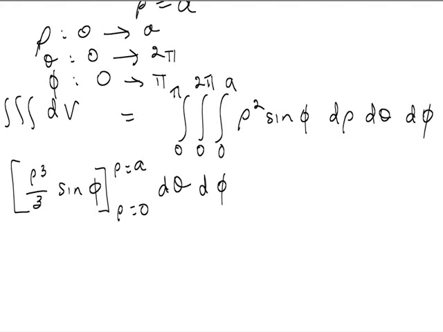Substitute. 0 to pi, 0 to 2 pi, a cubed over 3 sine phi d theta d phi. I hope this is not going to be tricky if I do this with respect to theta. It shouldn't matter.